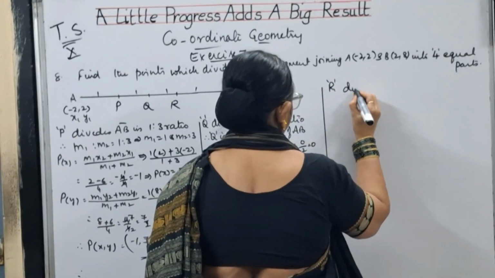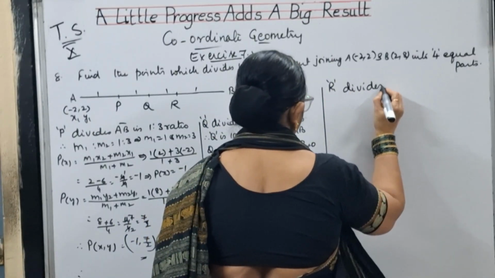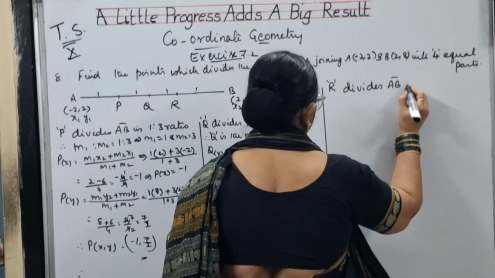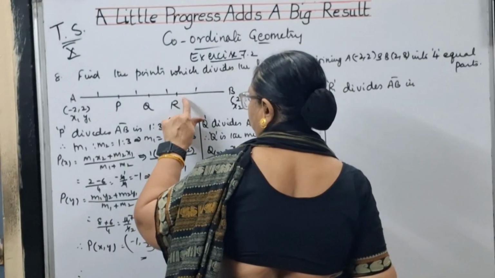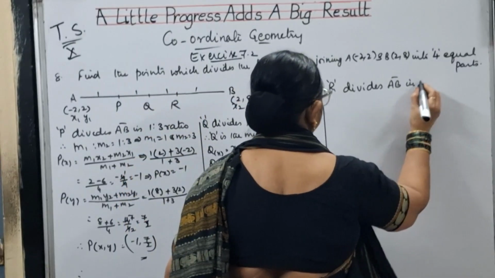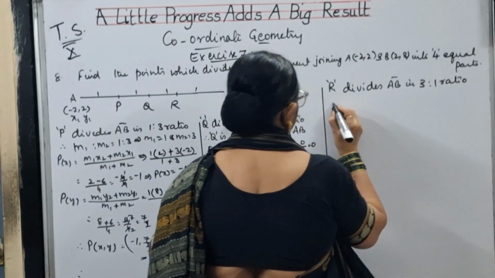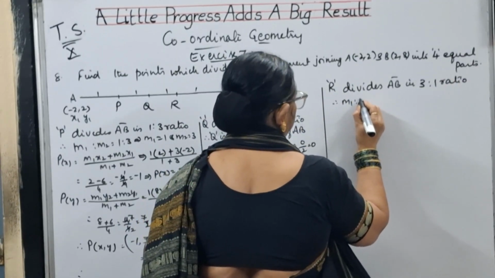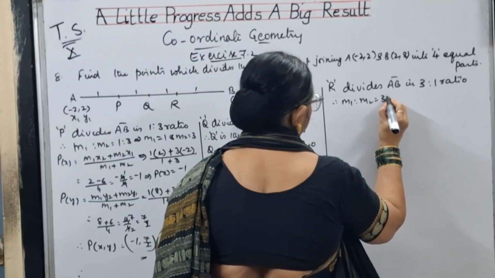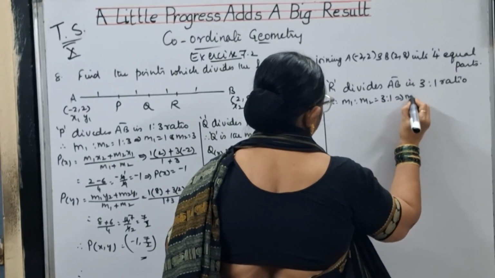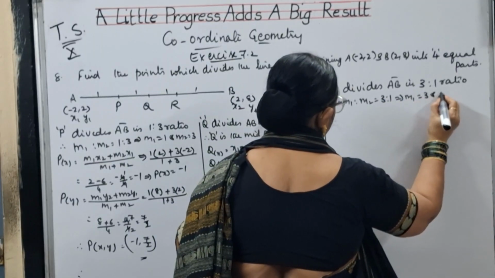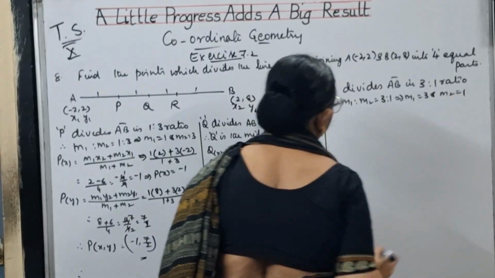R divides AB line segment in, see, R is here 1, 2, 3, 3:1 ratio. Therefore, m1 is to m2 is equal to 3:1. This implies m1 is equal to 3 and m2 is equal to 1.